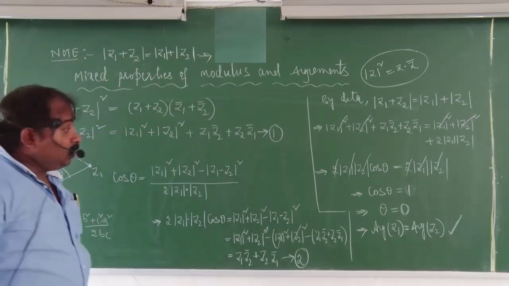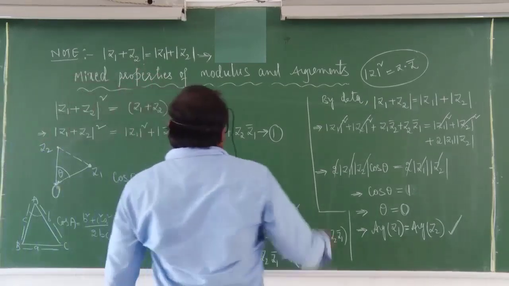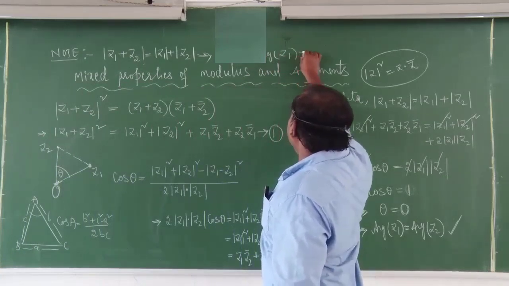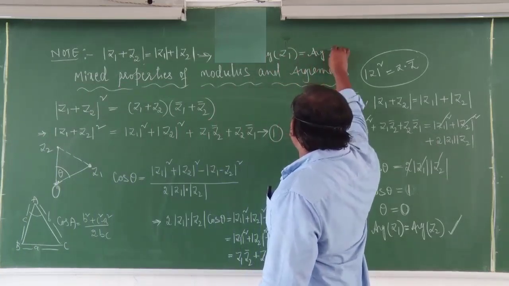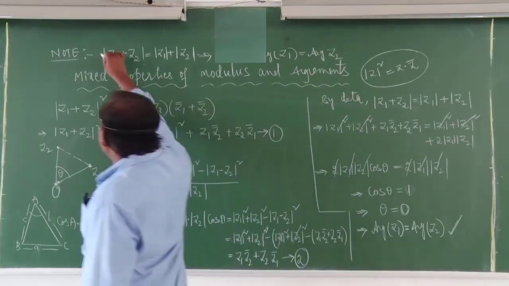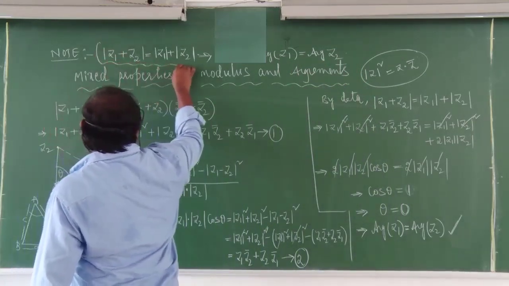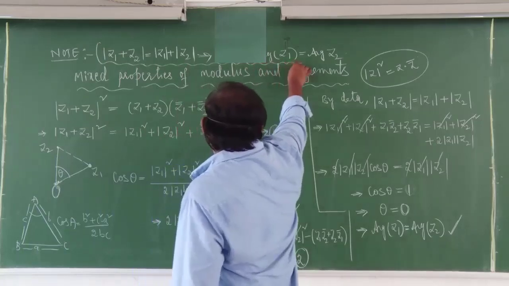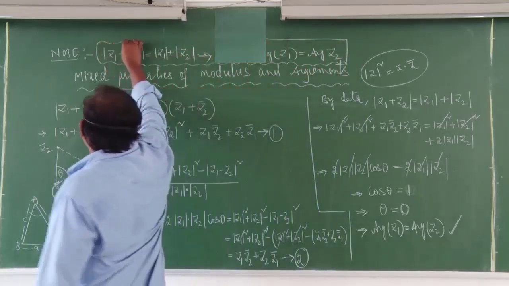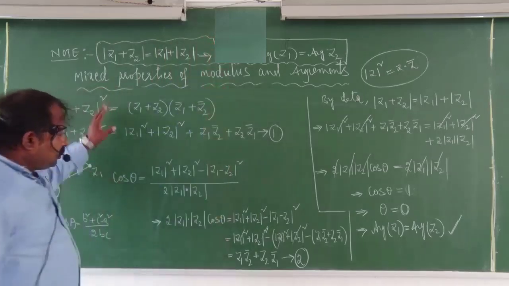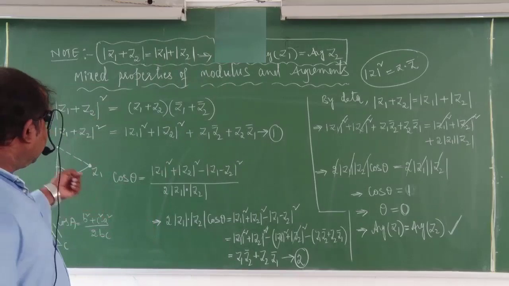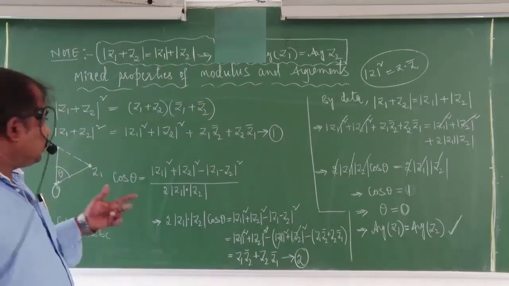Basing on that modulus relation, we can conclude that argument of Z1 is equal to argument of Z2. Okay, one important point, which is the mixed property of the modulus and the argument, and the proof is this value. You can go through this proof.